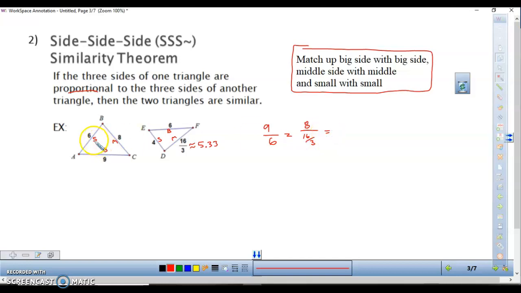And does that equal the small over here, 6, and the small over here, 4? Now, to determine if these are all the same, I'm simply going to divide them in my calculator, or you could do it by hand, whatever you want. Proportional means in the same ratio, so I just want to see if I get the same thing when I divide these. Well, 9 divided by 6, as you know, is 1.5.